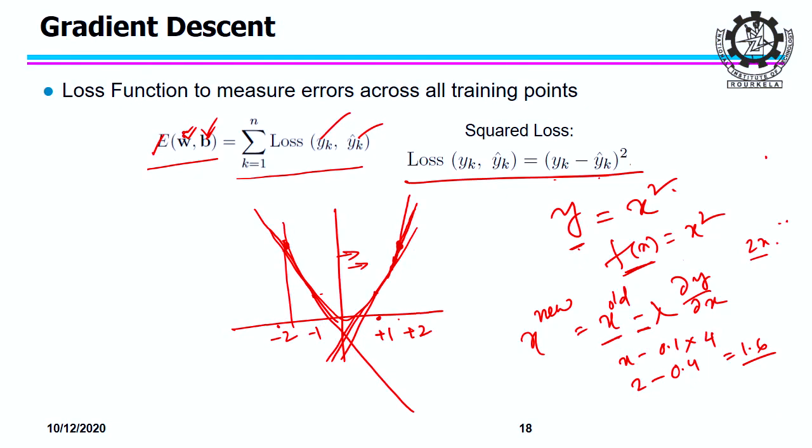Now, if you see the formula here, the formula remains the same, with lambda. This value is itself negative because of the old value minus 2. What is the objective? If the value is here, it should go down to 0. If it is here at plus 2, it should also go down to 0.